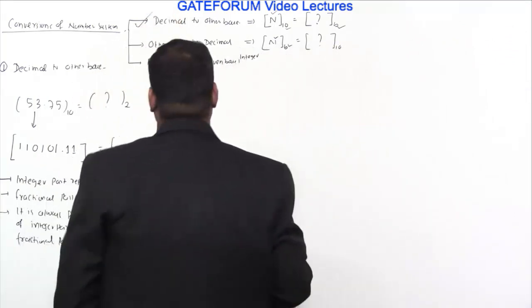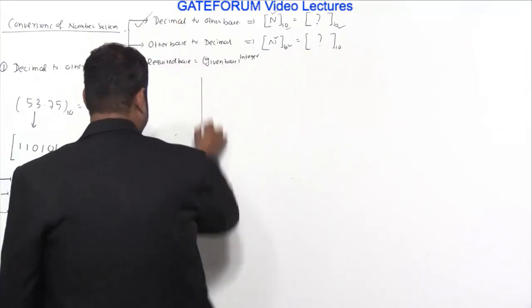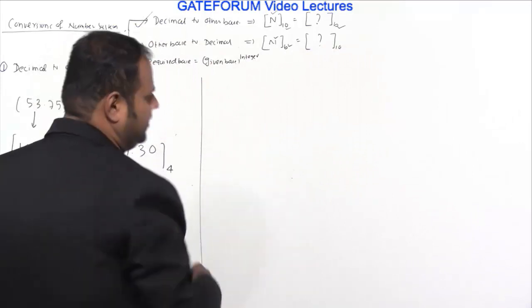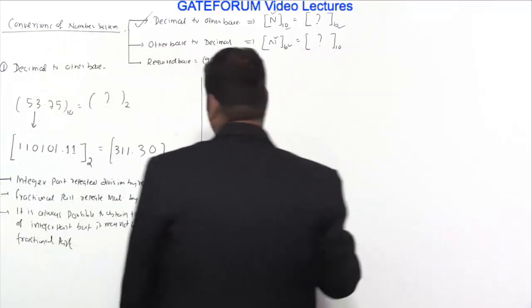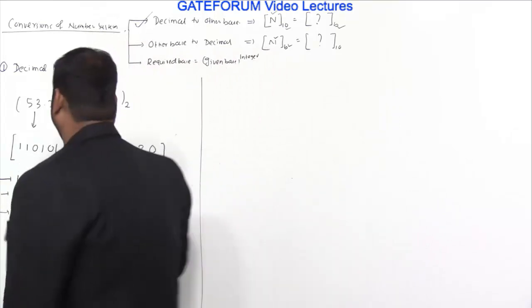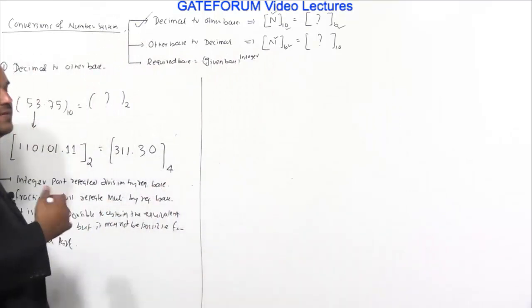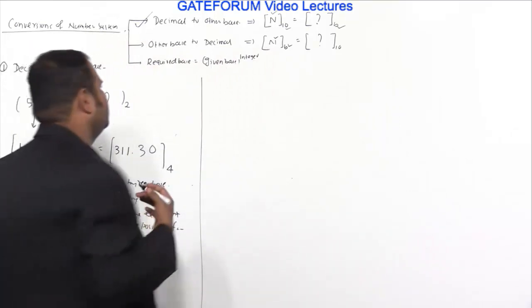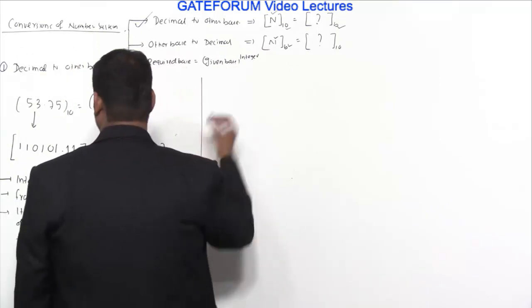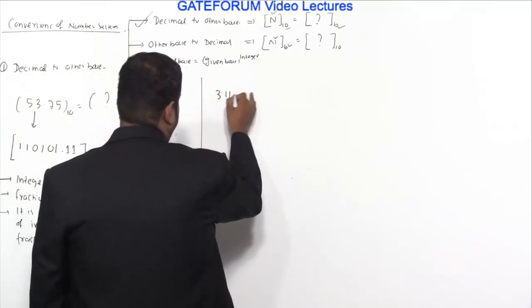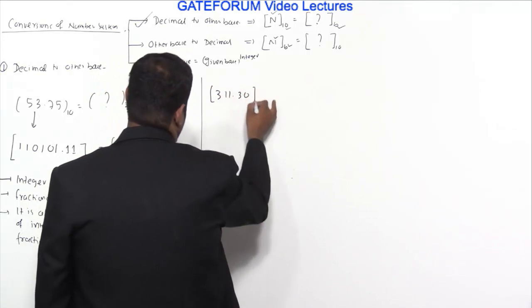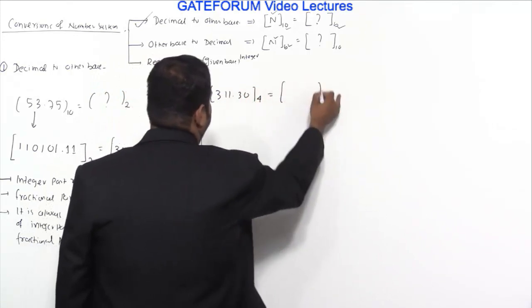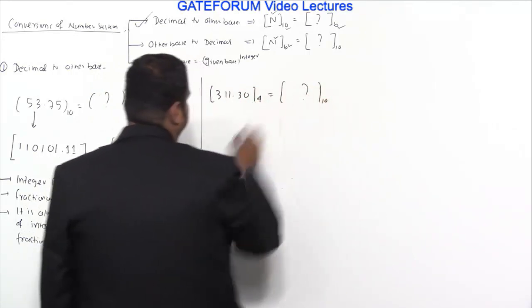Now coming to the second variety, we need to convert the other base into decimal. So this is the model, other base to decimal. This is just the expansion of the polynomial. For example, if somebody asks me to convert 311.30 in base 4 into the decimal equivalent, what do I have to do?